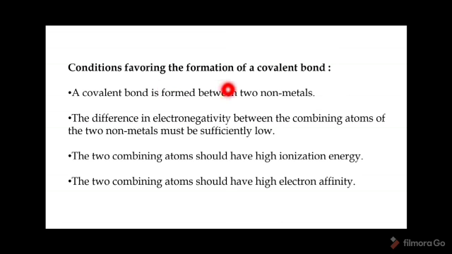Conditions favoring the formation of a covalent bond. A covalent bond is formed between two nonmetals. A nonmetal sharing electrons with another nonmetal forms a covalent bond. The difference in electronegativity between the combining atoms of the two nonmetals must be sufficiently low.